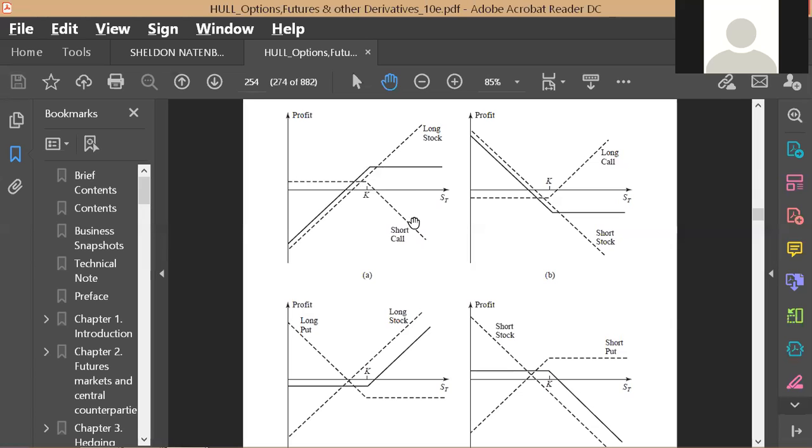In the case of the short call, you will earn some premium, but you see what happens when the market price goes above the strike.